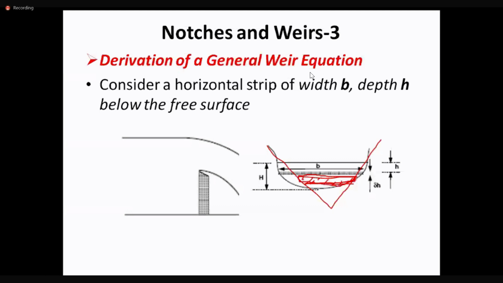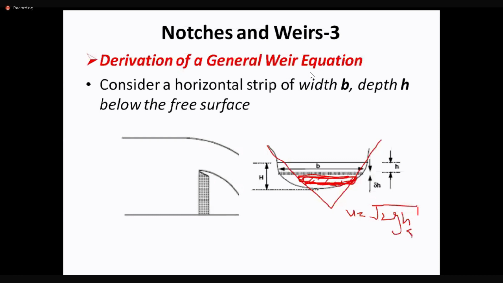The velocity through each of these strips is U equal to √2gh, determined by the head h above it.